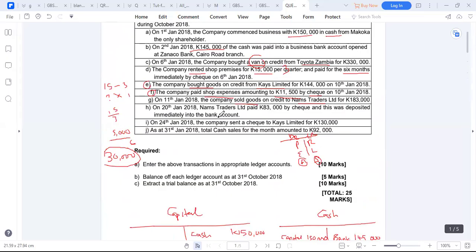Okay, the gents now. H, on 20th January, NAMS Limited paid 83,000 by check. This was deposited immediately into the bank.